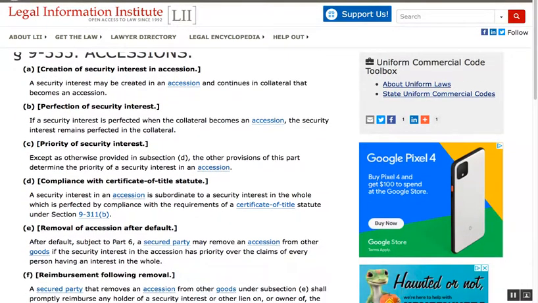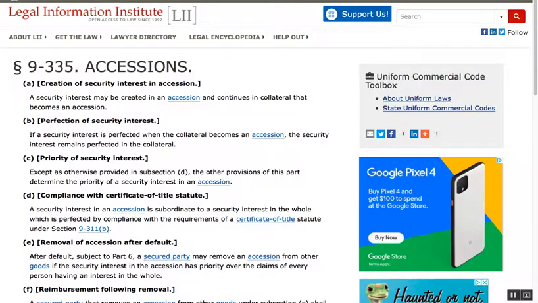I was trying to explain to you how it all works, but you've got to actually know the code, how it pieces it together. So A explained to us that, yes, a security interest in a good that's added to another good, a security interest will continue in it, but only if it's an accession. If a security interest is perfected when the collateral becomes an accession, the security interest remains perfected in the collateral.